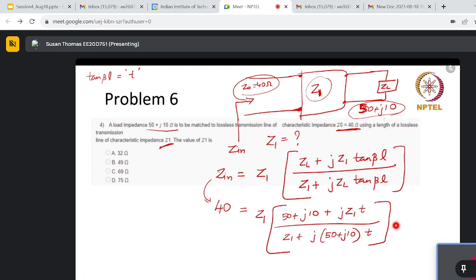Now cross multiplying this, I can simplify.